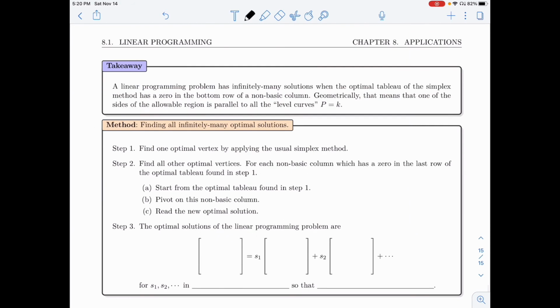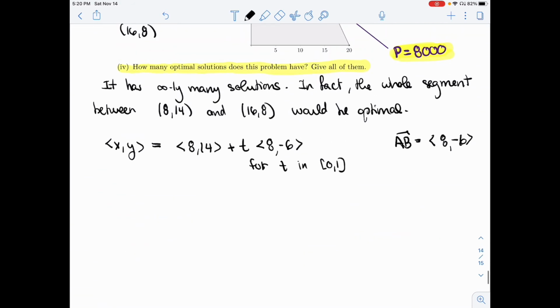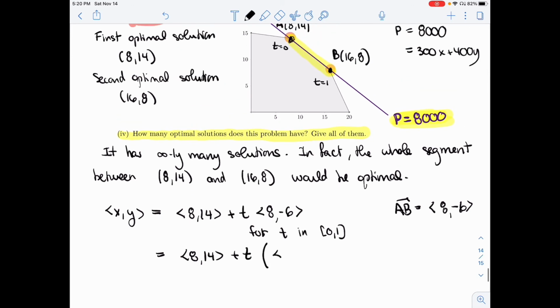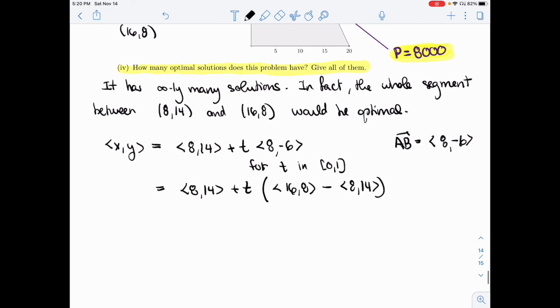Another way of thinking about this is to write (8, 14) plus T times (B minus A), so (16, 8) minus (8, 14). And then I could bring the (8, 14)s together.